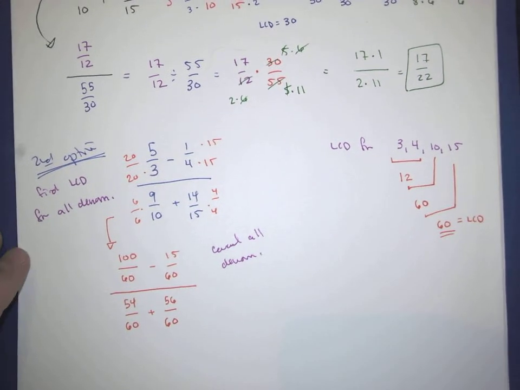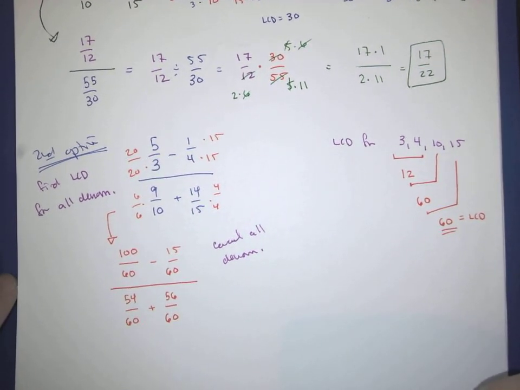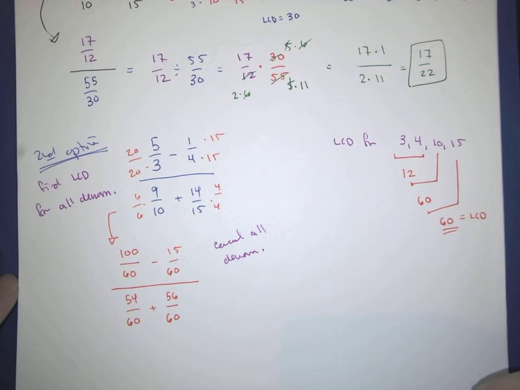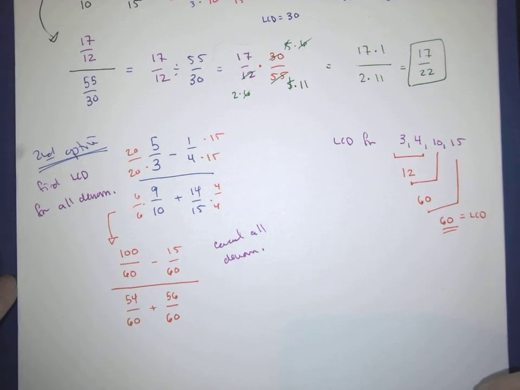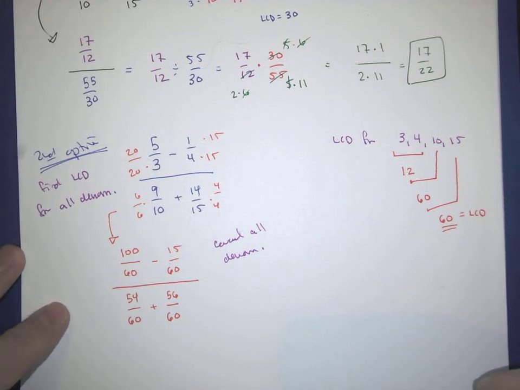The idea here is that if all of your numbers are over the same value, everything here is over 60, the 60 is not really having any impact on the final solution, right? Everything is sort of scaled to be over 60. That means the 60s are kind of redundant, because if everything is over 60, then the only thing that really is having an impact on your final values is the numerators.